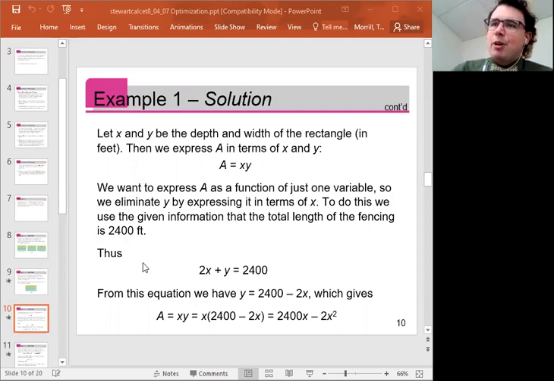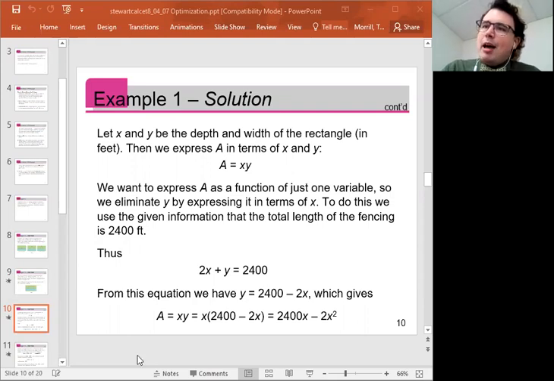I can use algebra and say that if this equation must be true, then it is also true that y equals 2400 minus 2x. So we'll just say, let's have x be the independent variable, and y will be a dependent variable, right? Once you pick your x, you've automatically picked your y. No other choice.